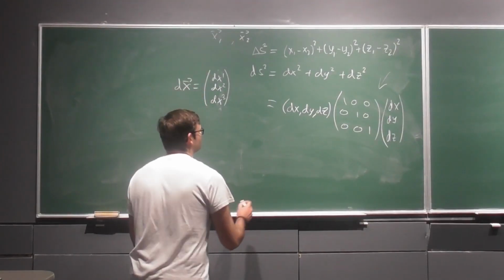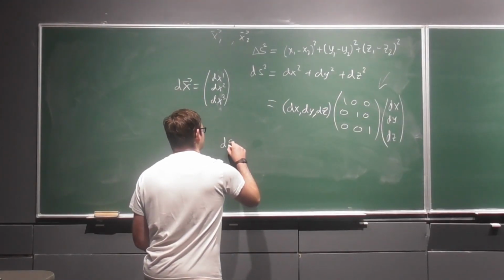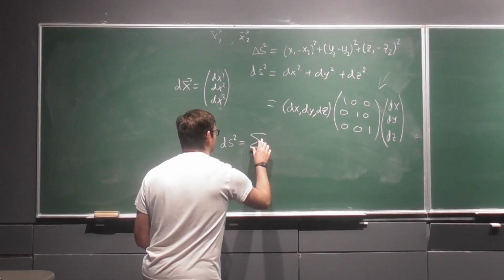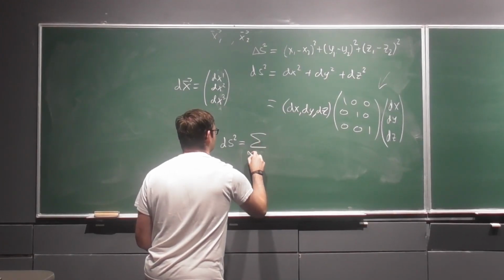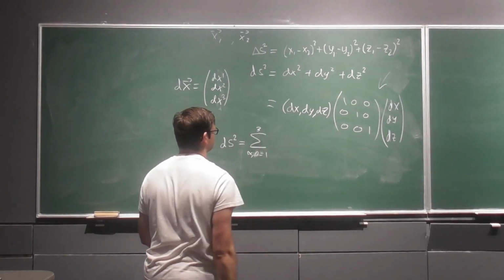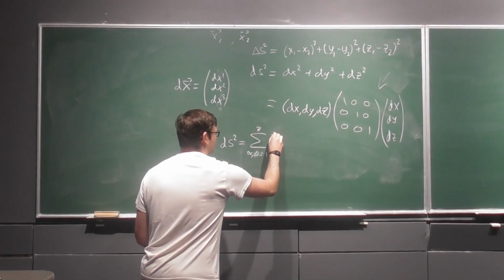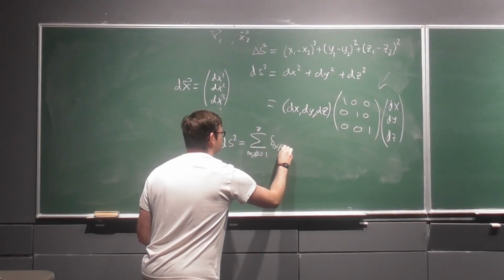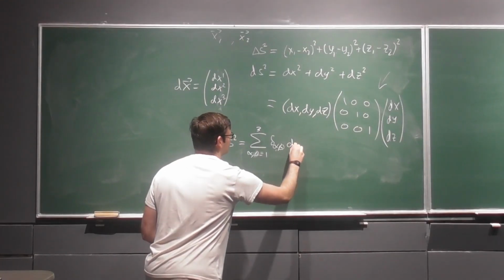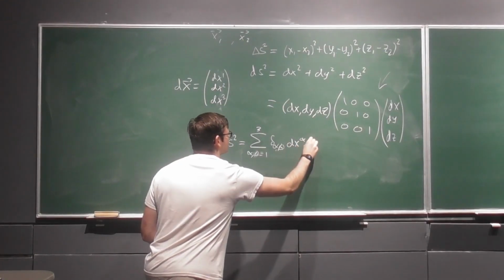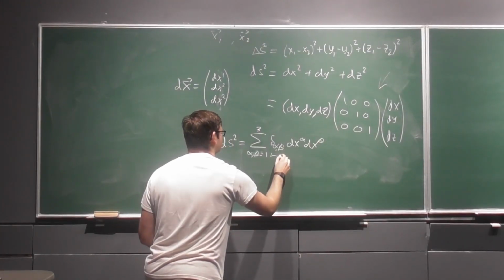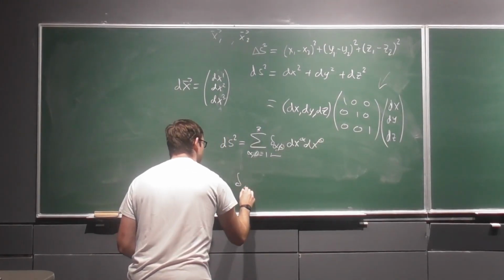When I do this, ds squared, the distance, becomes a sum over, using alpha and beta as my indices from 1 to 3, of some object which has indices alpha and beta, that's going to be our matrix, times dx alpha and dx beta. Here, you may recognize this is the Kronecker delta.